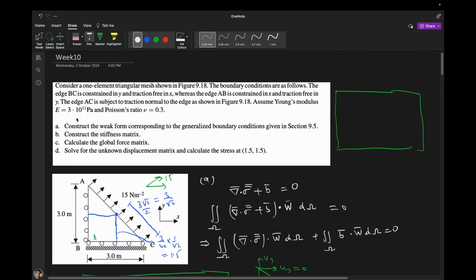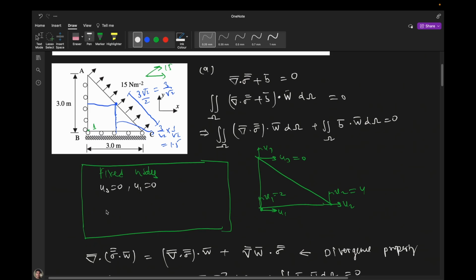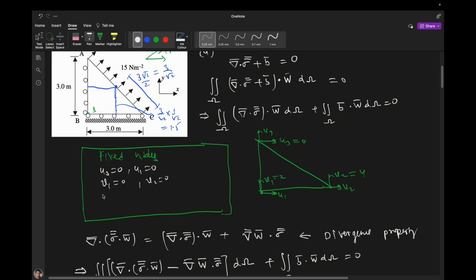And it is also saying BC is constrained in y direction, which means that V1 equal to 0 and V2 equal to 0.